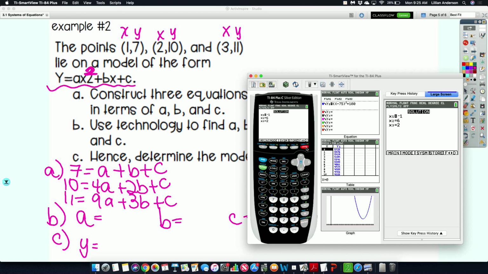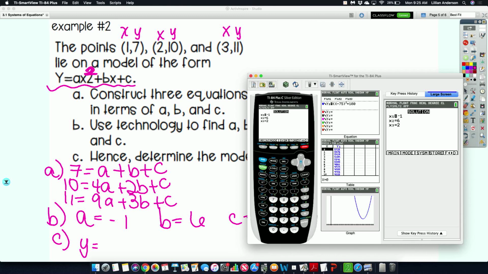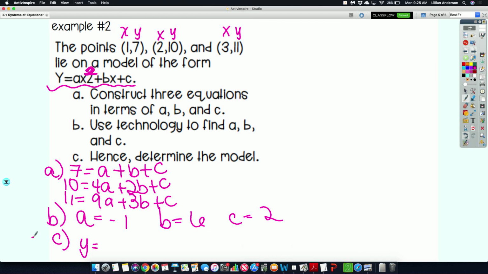And then I go to Graph, which is solve. And did I get this? Did you get this? So -1, 6, and 2. Those are numbers, right? If you did the matrix, did you get these values as well? Yeah. Okay, good stuff. So the final thing is I actually need to write the model. So this becomes y equals -x squared plus 6x plus 2.